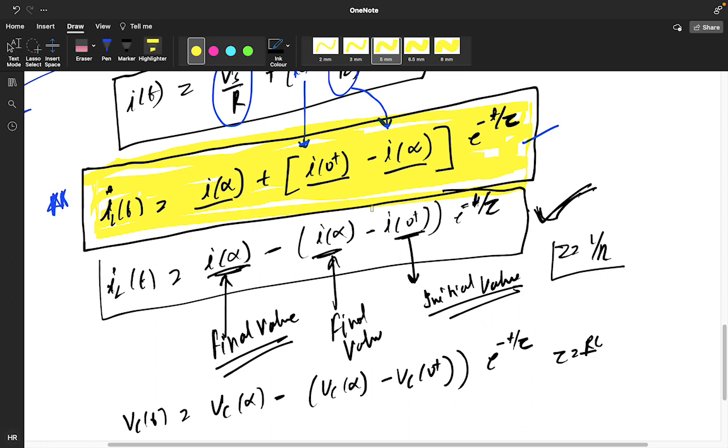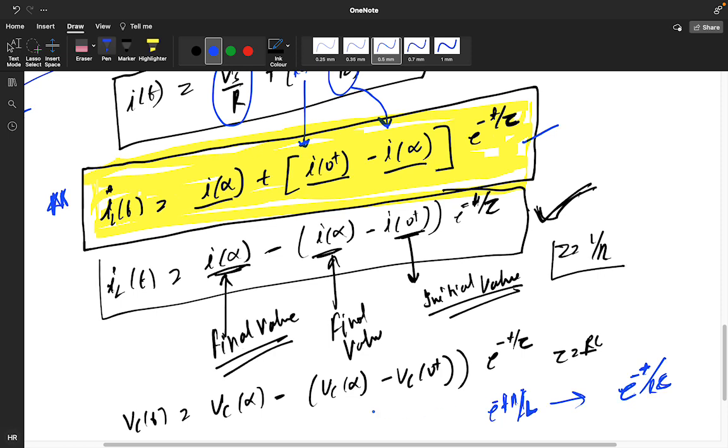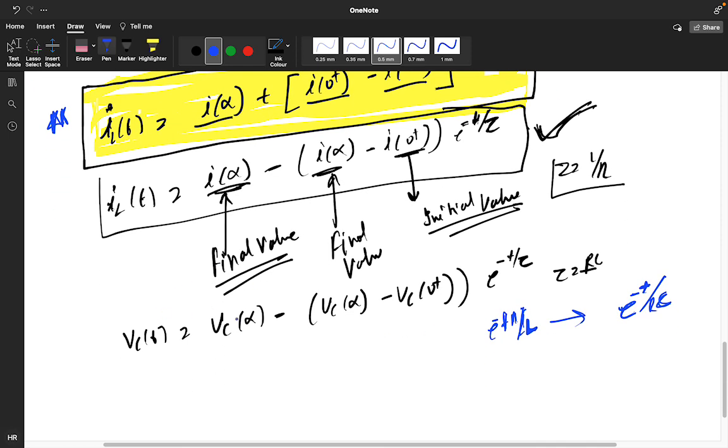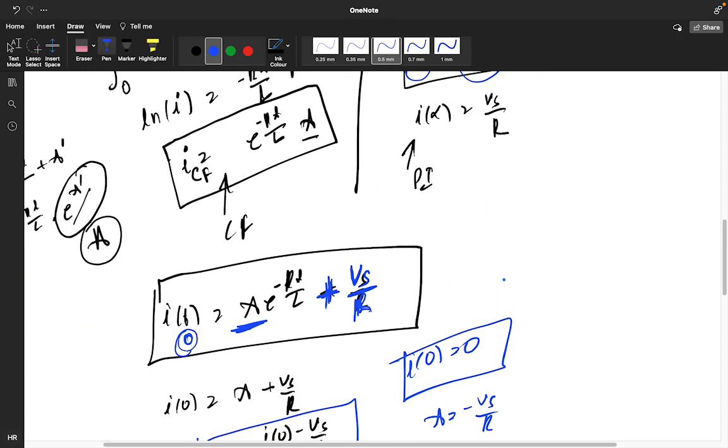And you know the thing of duality: for duality, e power minus t by tau stays the same, R will become 1 by R and L will become C. So that's why you are getting the time constant as C, and I will become V. So with the help of duality also we can directly get the formula, but we will derive tomorrow that Vc of t is equal to Vc infinite minus Vc of 0 times e power minus t by tau, in the same way that we did for this equation.